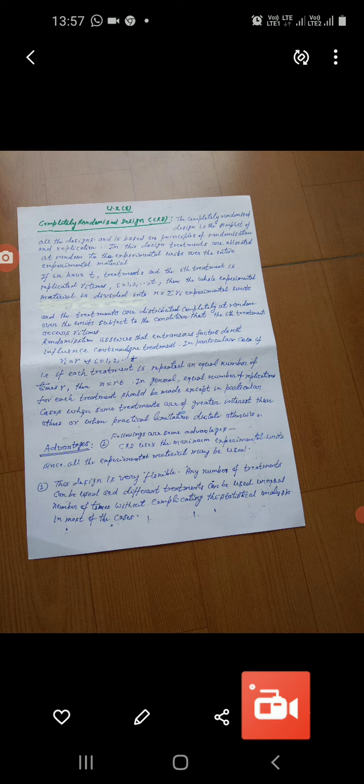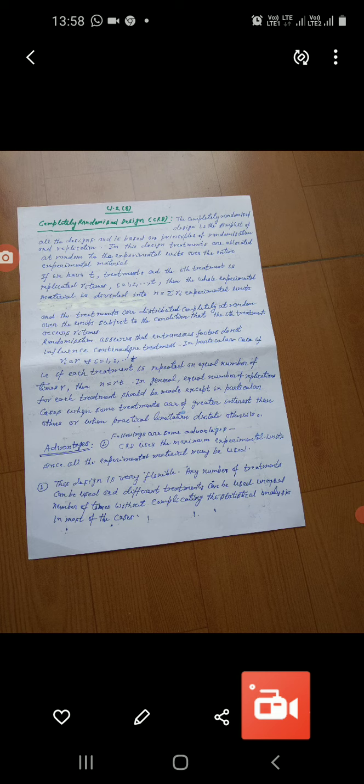Means there will be n experimental units, and the treatments are distributed completely at random over the units, subject to the condition that the ith treatment occurs Ri times.